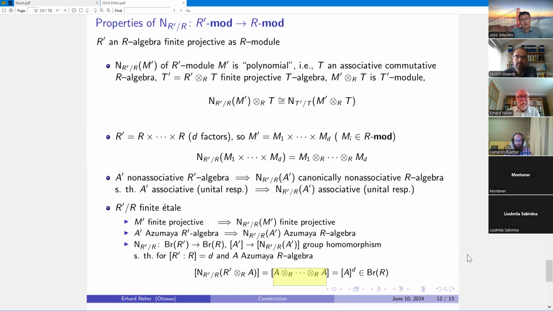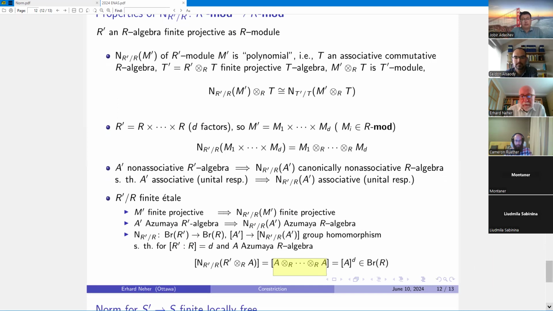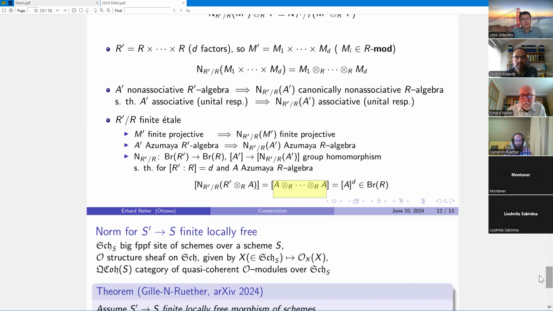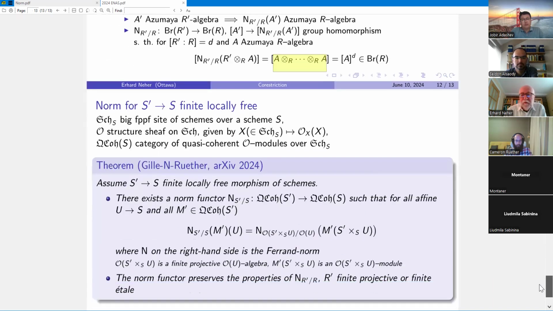Now, let me finish by telling you quickly how this can be generalized. This is joint work with Philippe Gille and Rüther, which is posted on the arXiv.